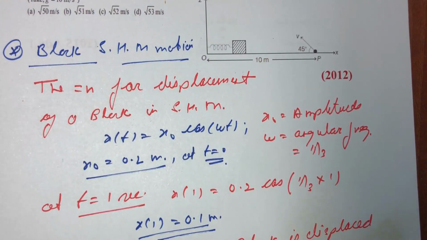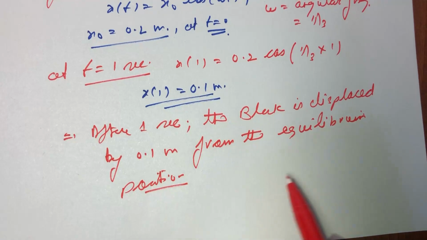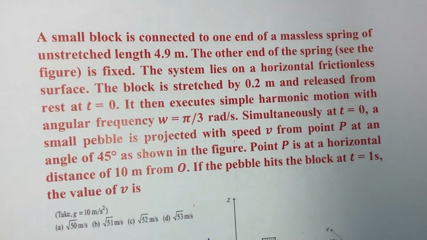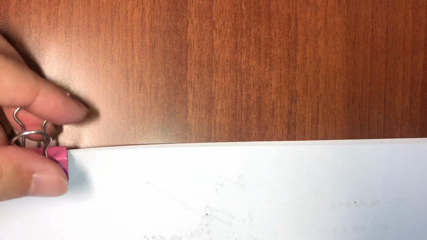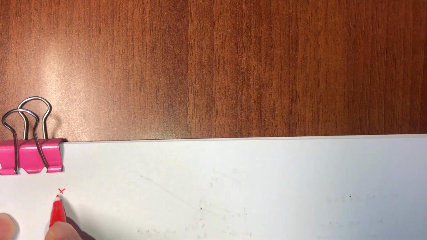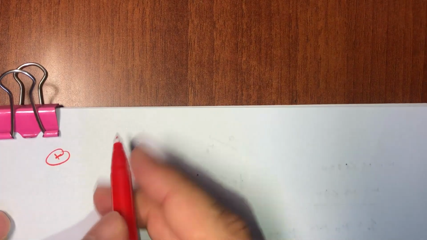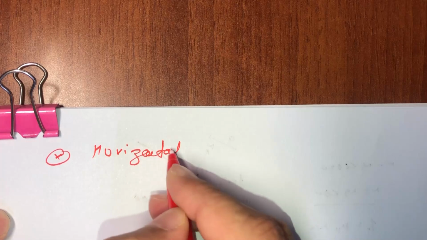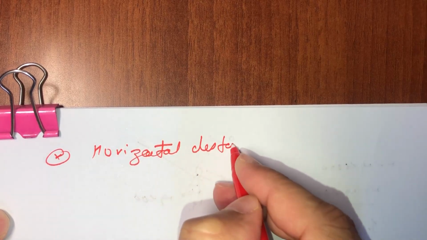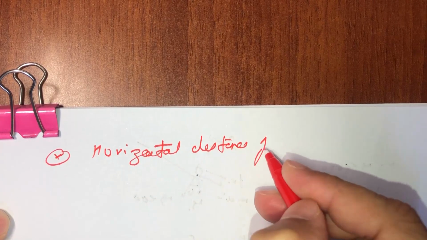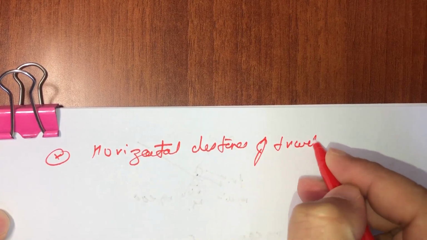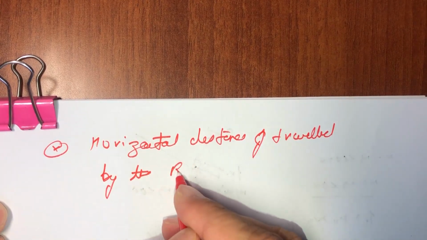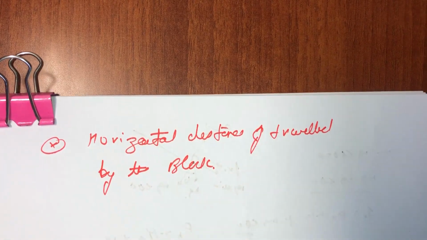Now we are going to find out the horizontal distance traveled by the block.